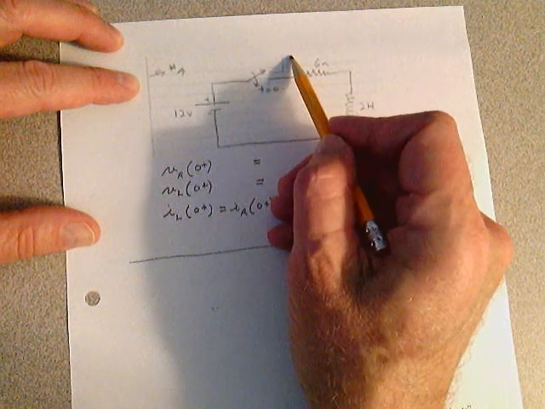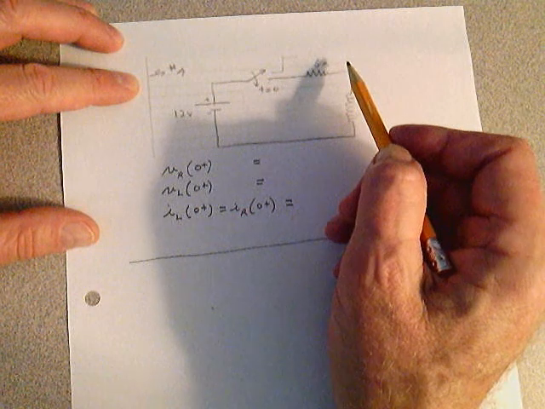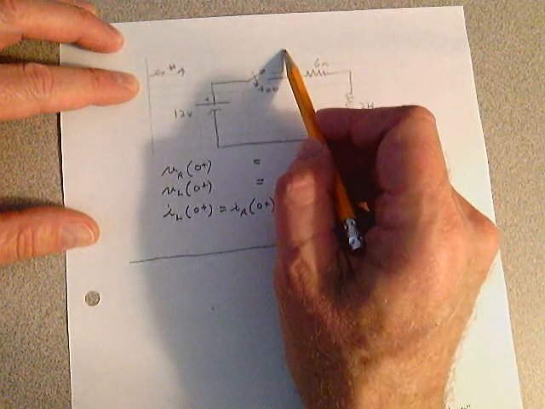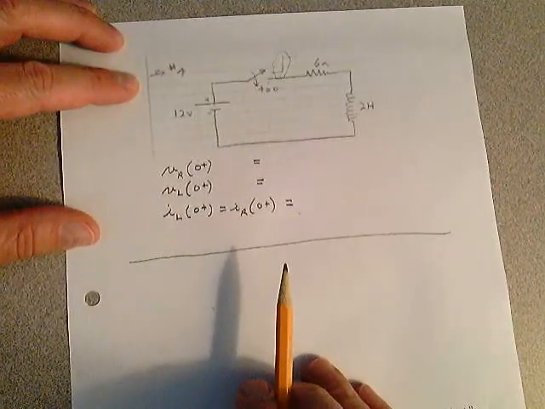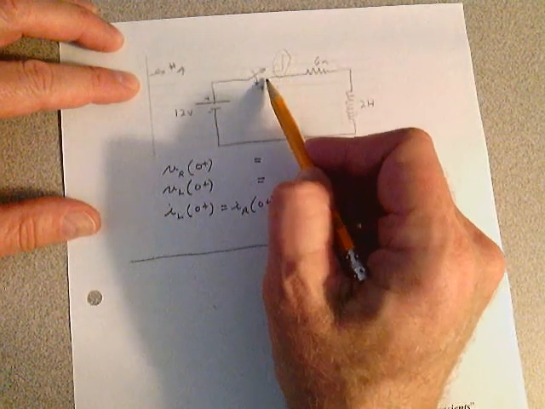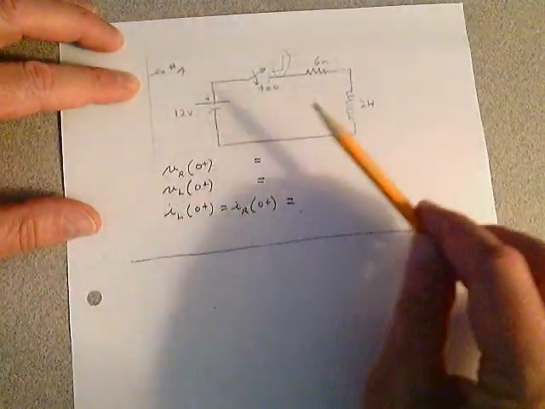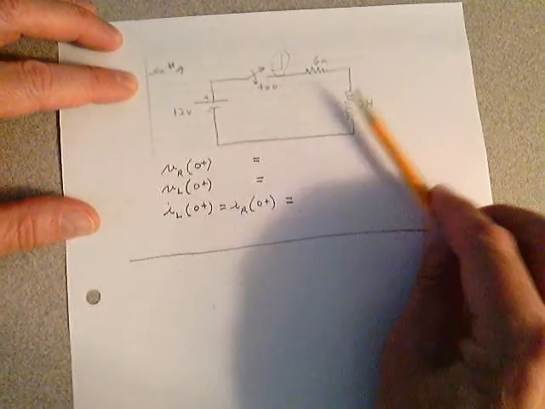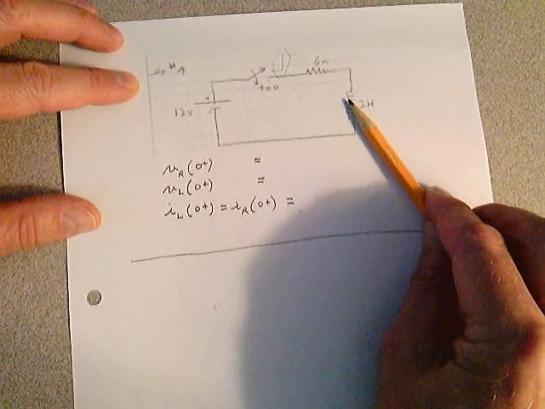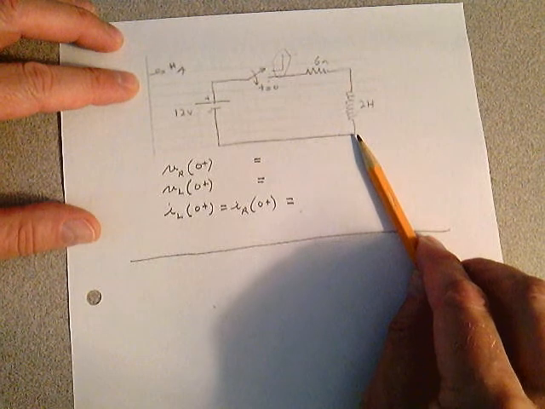Now, there's a lot of high frequency component in that edge. And at the higher frequencies, that's when these inductors show their characteristics, because in the DC state, they look like a short circuit.